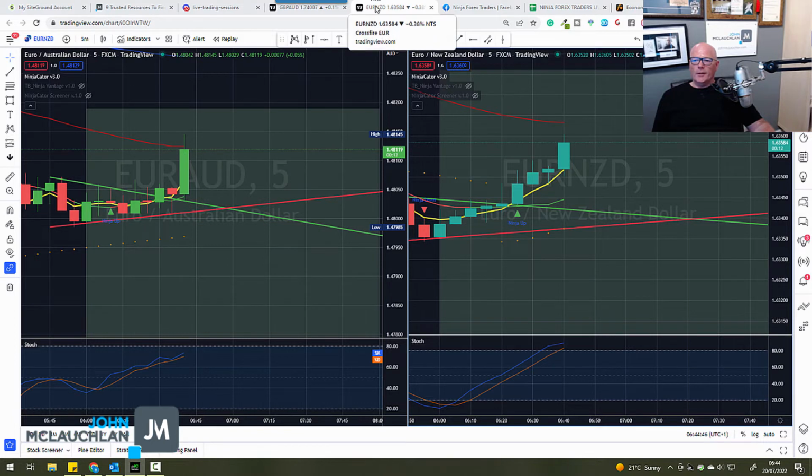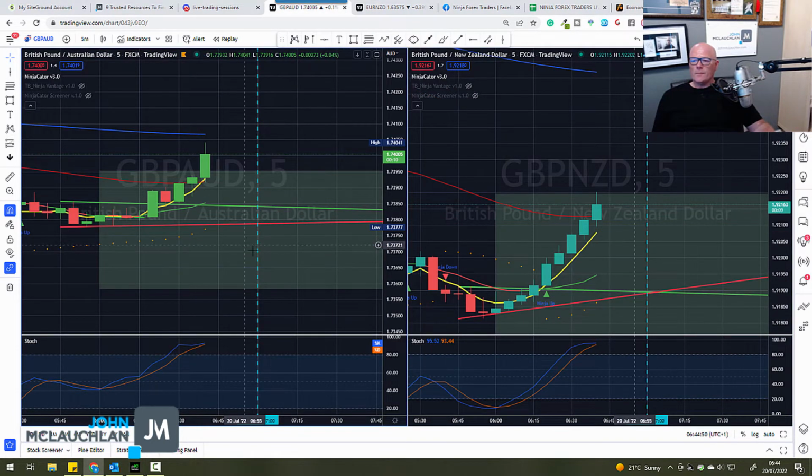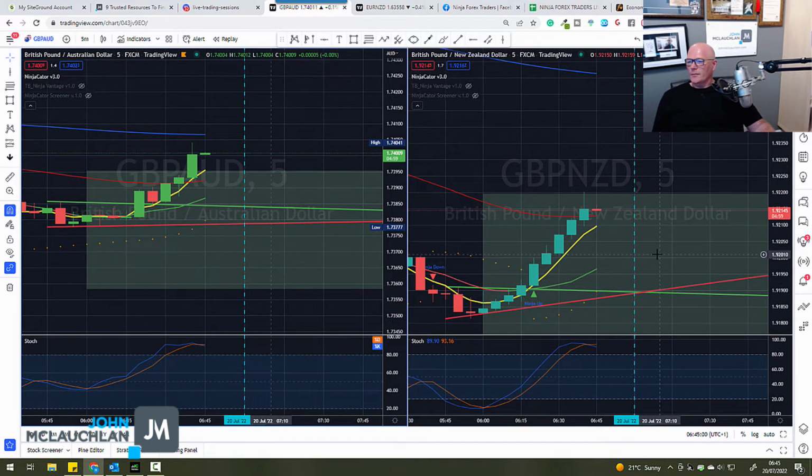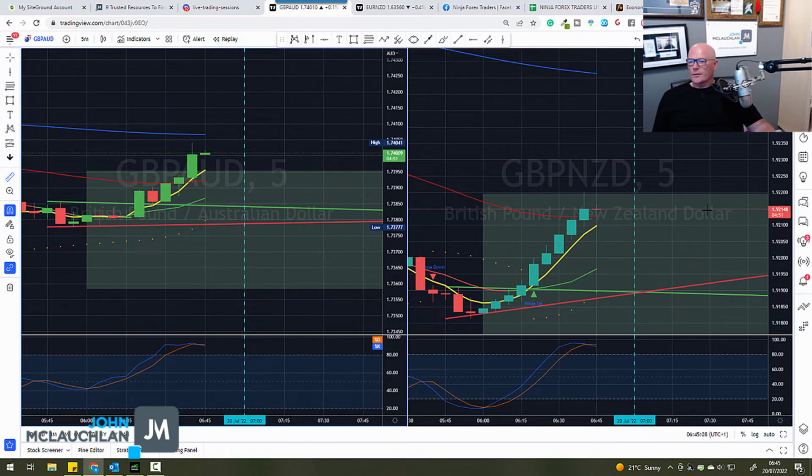So have a quick look at the euro pair, the GBP pairs, and see what they're doing. Now you can see that's pushed past the trend line. That's encouraging. So we've got 3 seconds left on this time frame, and potentially that one now could go to this trend line here, this moving average.